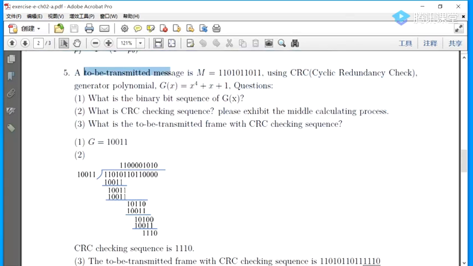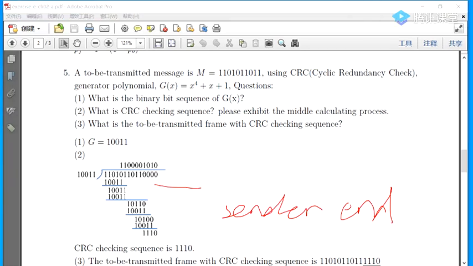The message to be transmitted is M. We should append several zeros, right?